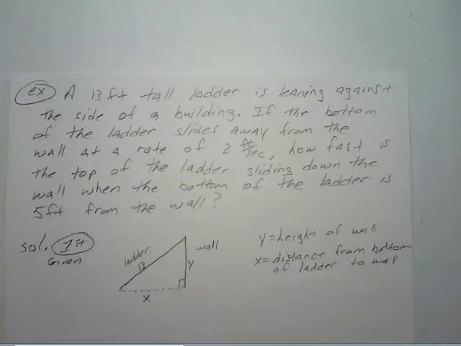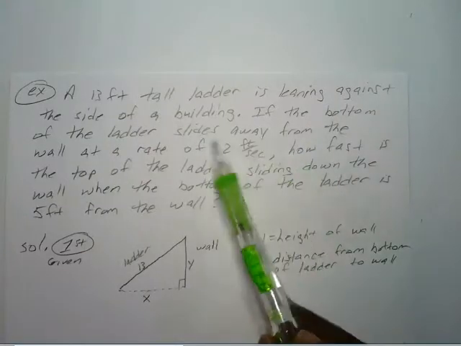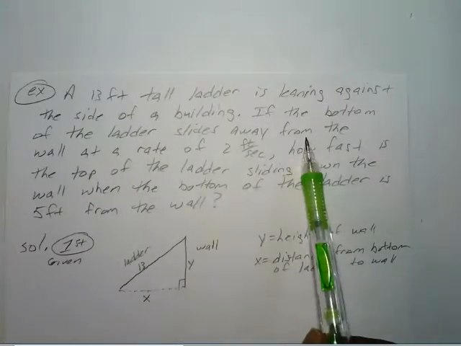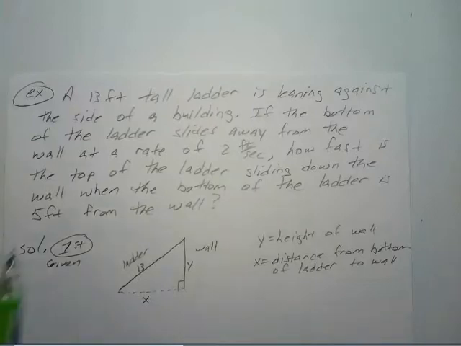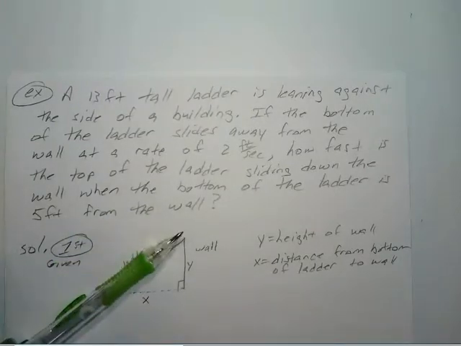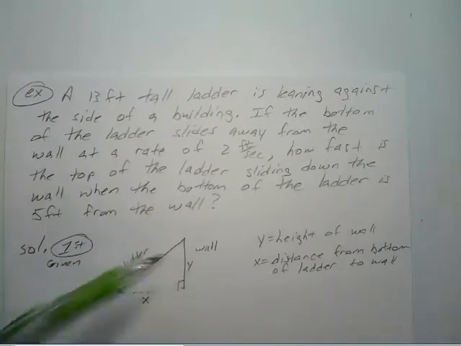Now, when it says that the bottom of the ladder slides away from the wall at a rate of 2 feet per second, that means this part is sliding back, and the ladder is literally sliding down the wall.